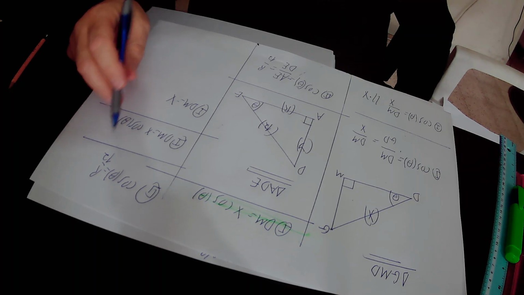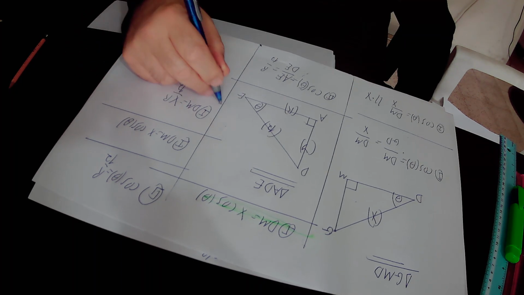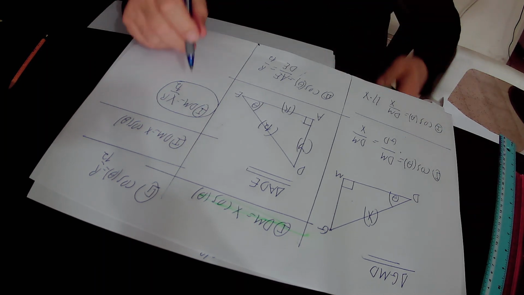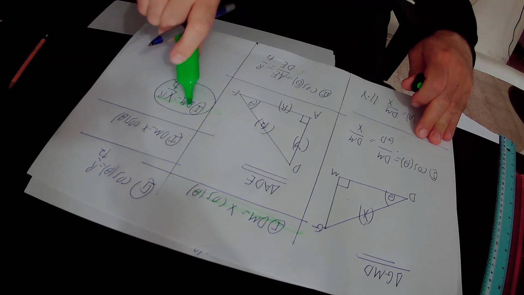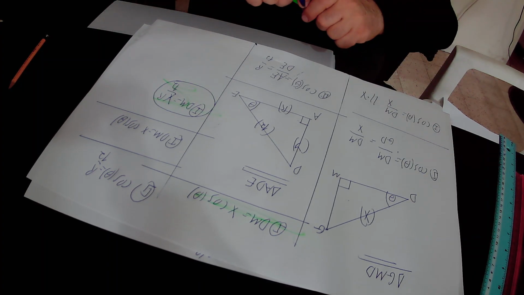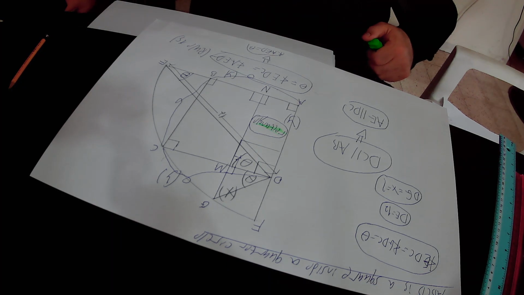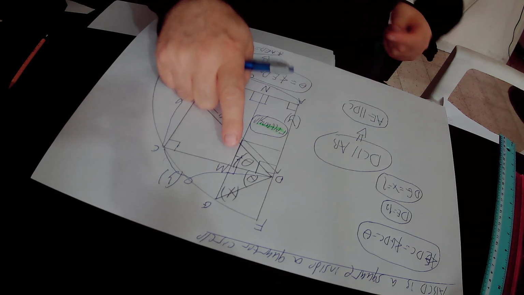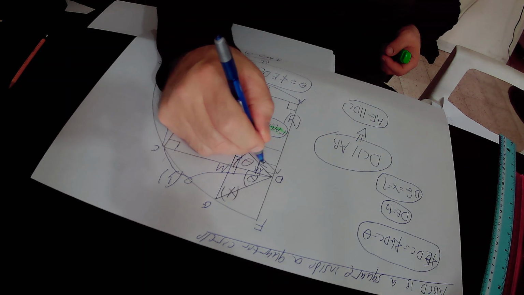Cosine theta is R over 12. So we found out that DM equals xR over 12. This is the DM that equals xR over 12.